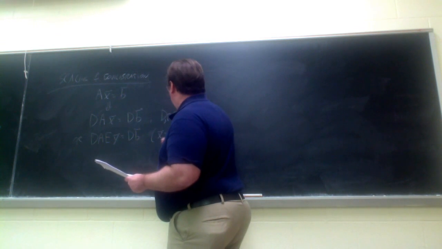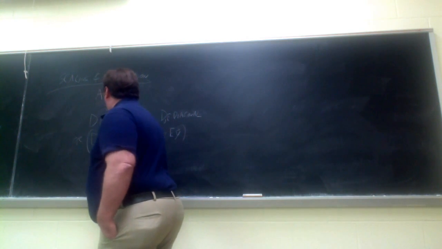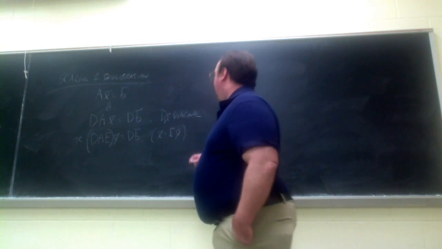So you solve this, you get your y, and then you just multiply by E to get your x. Working with diagonal matrices is great because multiplying them by vectors takes only n operations.